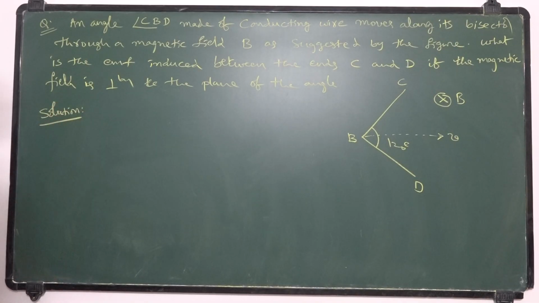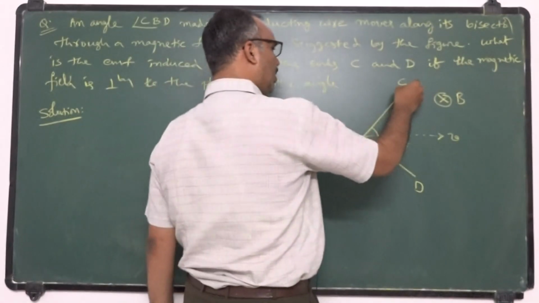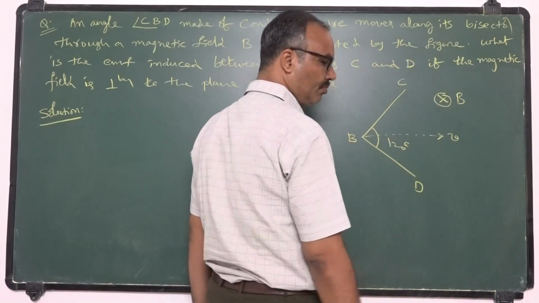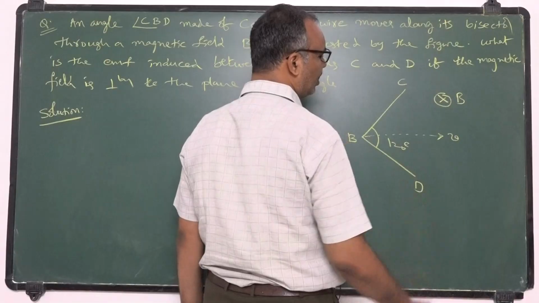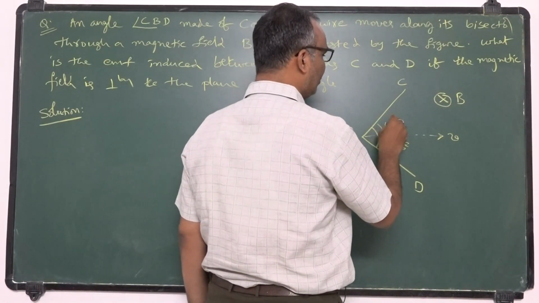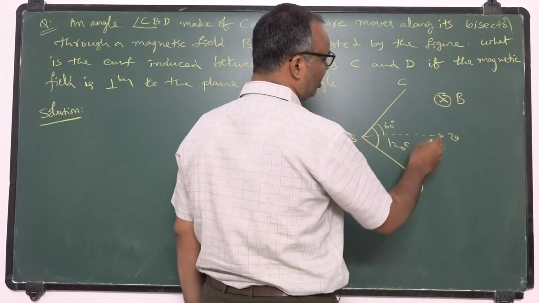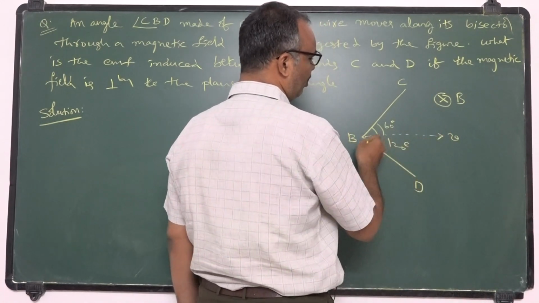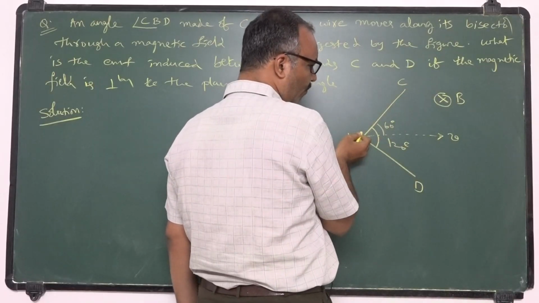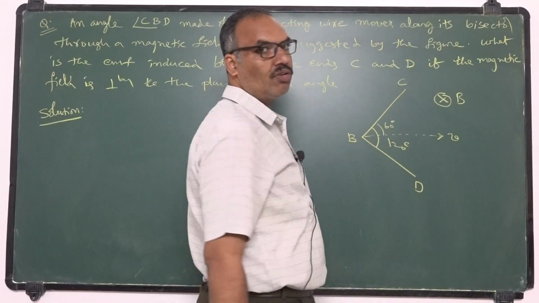If you observe clearly, individually CB is acting as a rod, BD is acting as a rod, and this velocity can have components. This angle is 60 degrees, so we can have two components: V cos 60 along the rod, and V sin 60 perpendicular to the rod.